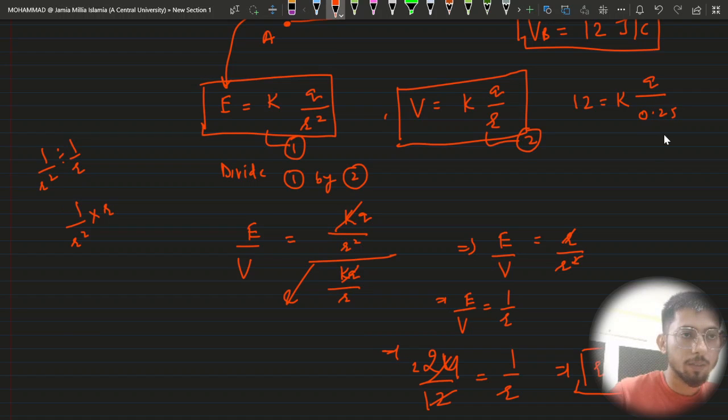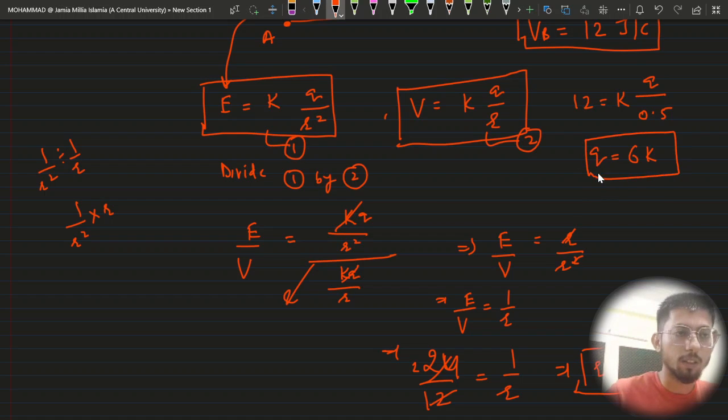If you cross multiply, Q will be 12 times 0.5 is 6, so 6 by K. Now you can simplify it. 6 by K is the answer.